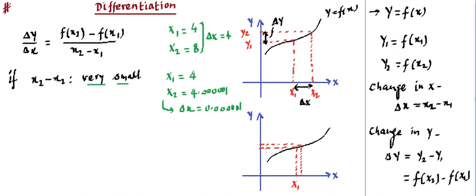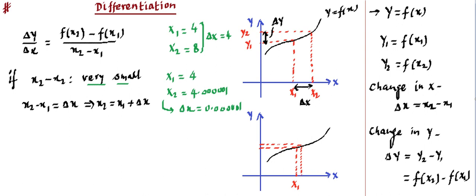So instead of calling this x2, we can call it x1 plus delta x, because you see over here we will be calling x2 minus x1 equal to delta x, where delta x is a very small expression. So from here we can say this x2 is basically x1 plus delta x, or we can simply say delta x has been added to this x1, which is a very small number, and for all practical purposes x2 and x1 are very close to each other.